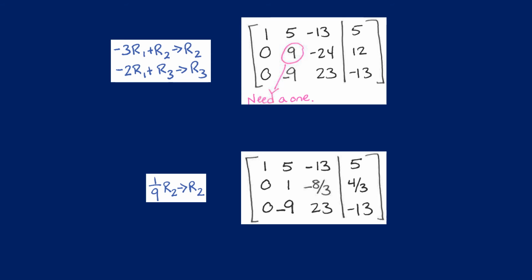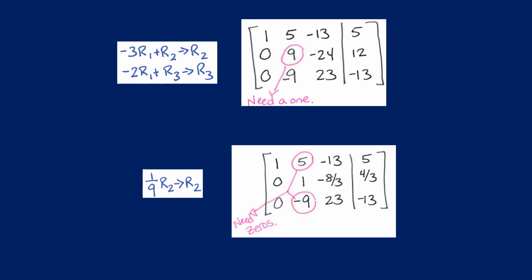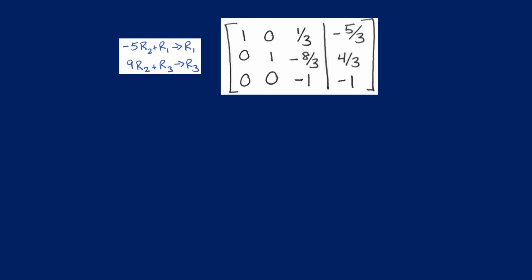Now condition 3 says we need zeros above and below that 1. So we need to change the 5 to a 0 and the negative 9 to a 0. So we're going to use negative 5 times row 2 plus row 1. That gives us a new row 1 of 1, 0, 1/3, negative 5/3.